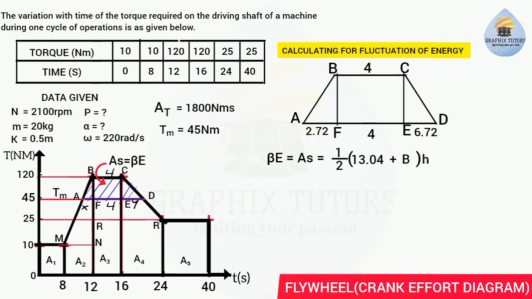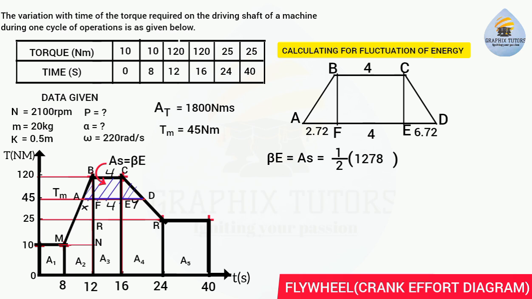B is just the total distance at the top here, and that is 4. So 4 plus 13.04 is 17.04, multiplied by the height, which is 75. By the time you do the needful, 17.04 times 75 is 1278, divided by 2.